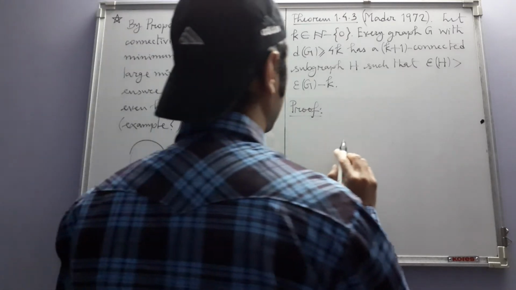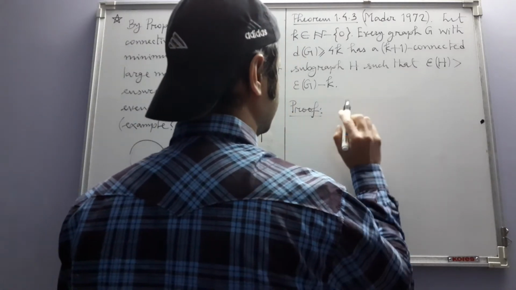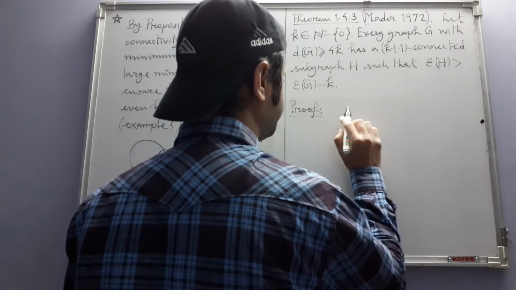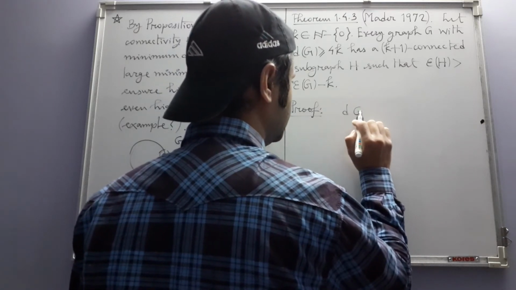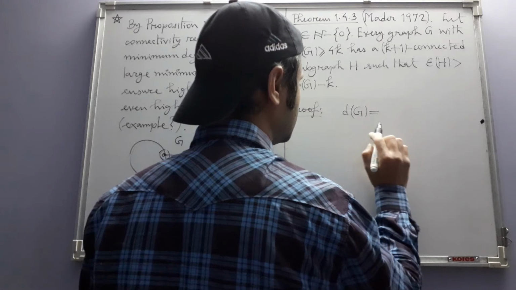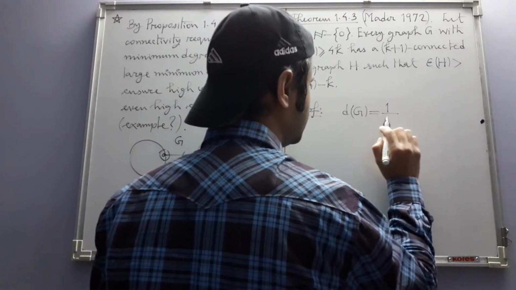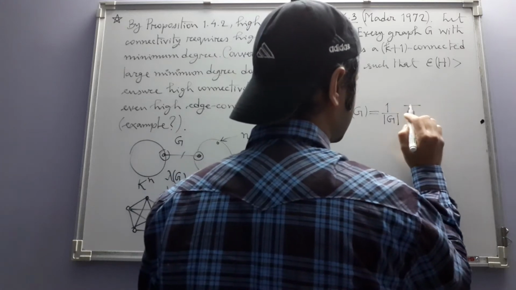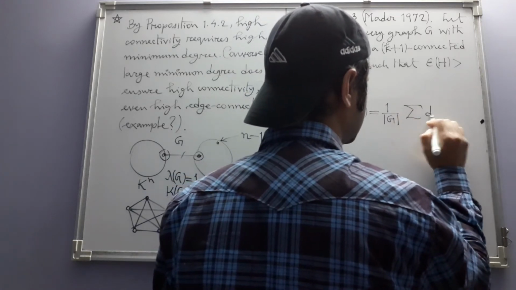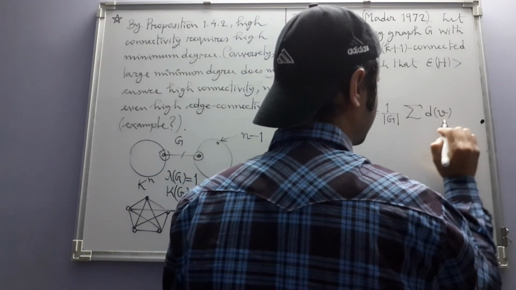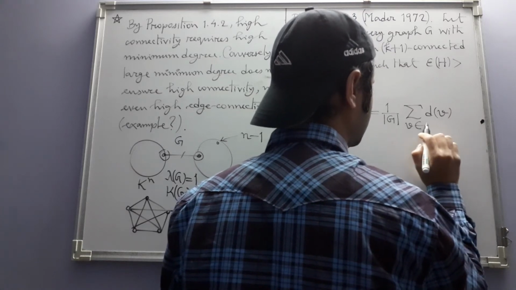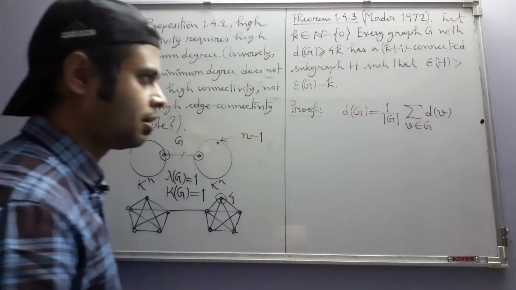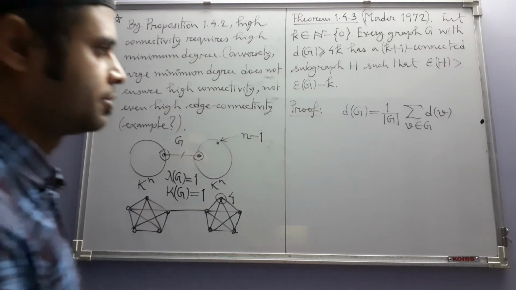Let's first recall what d(G) and epsilon(G) are. d(G) is the average degree in this sense: the sum of all the degrees of the vertices in G divided by the number of vertices.